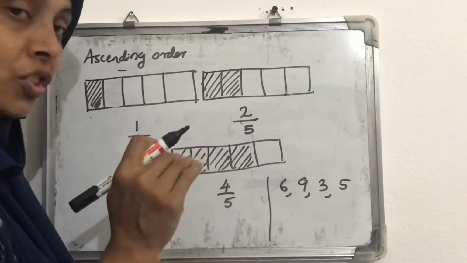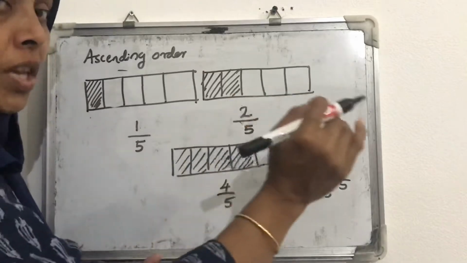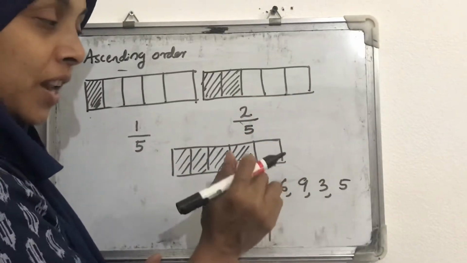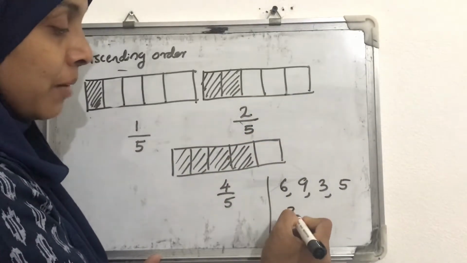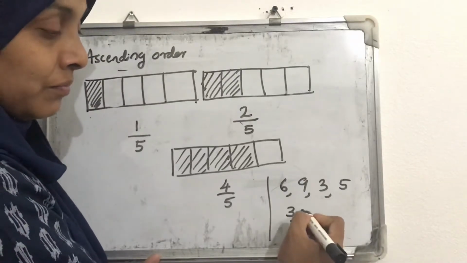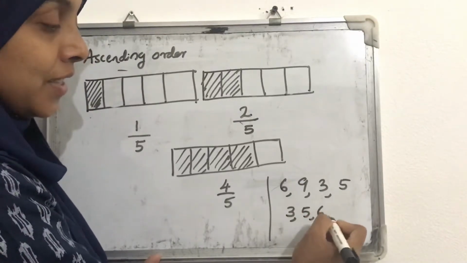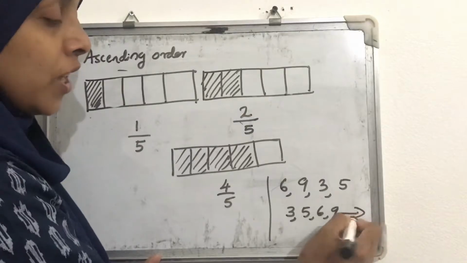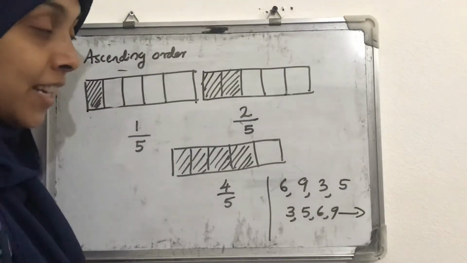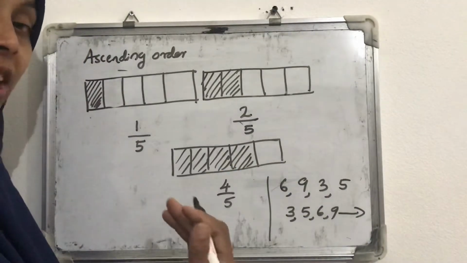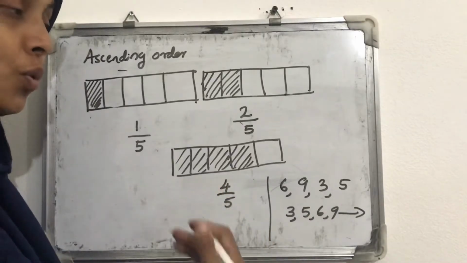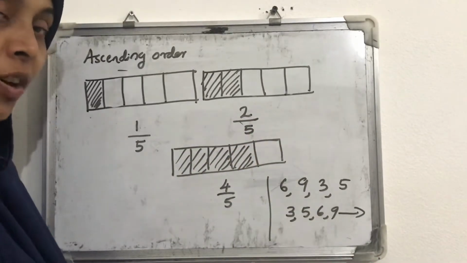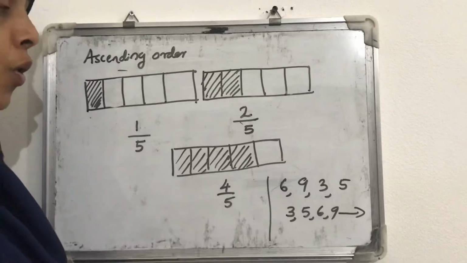Arranging from the smaller number to the bigger number. 3 is the smaller number, the next bigger 5, next bigger 6, 9. So this order is called ascending order. And its reverse order, arranging numbers from biggest to smaller, is called descending order.